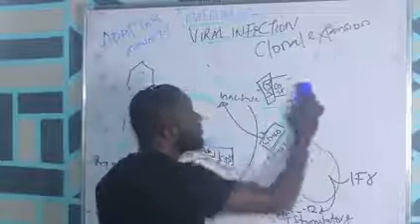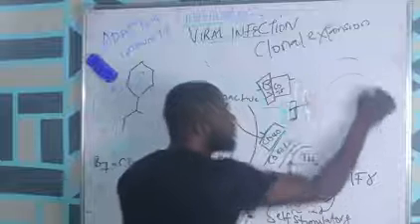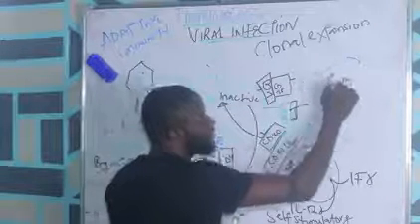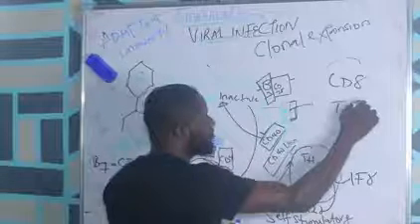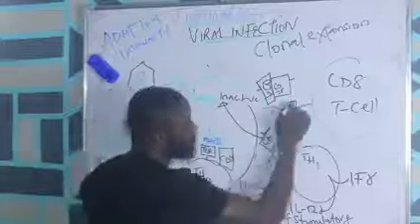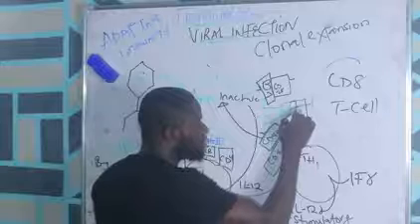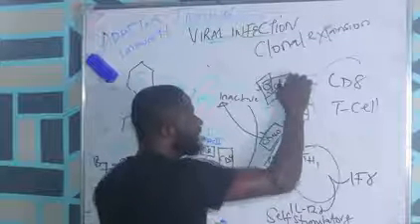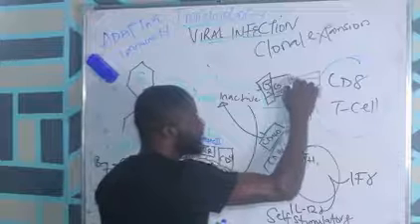Let me make this bigger so that we can have a clearer picture. Yes, we can have CD8 T cell, pre-cytotoxic T cell. So this is a T cell receptor, which is definitely mediated by CD8.